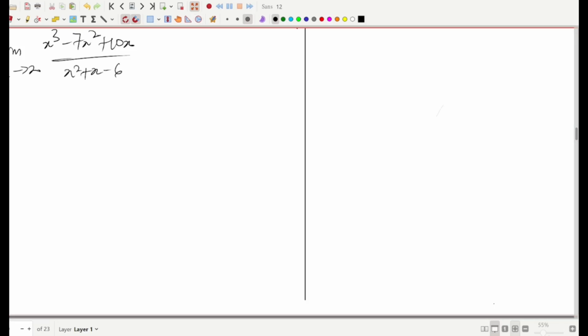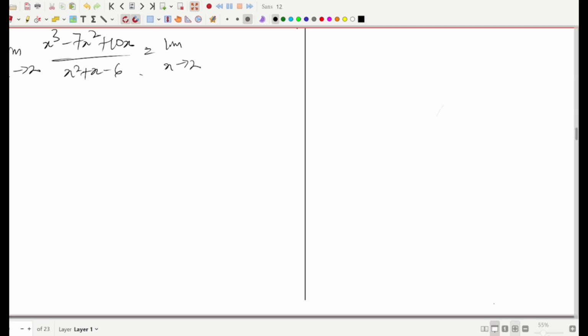Now, since the numerator and the denominator are both polynomials, what do we do? We try to factorize the what? The expressions on the numerator and the denominator. Then we cancel out some of the what? Some of the factors. So yes, this becomes limit as x approaches 2.